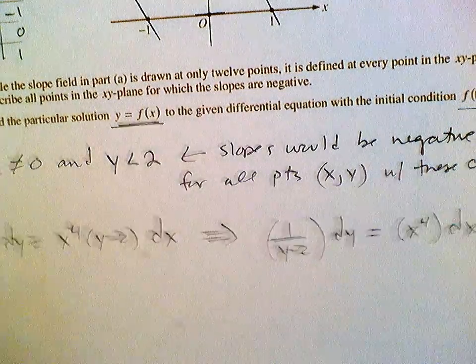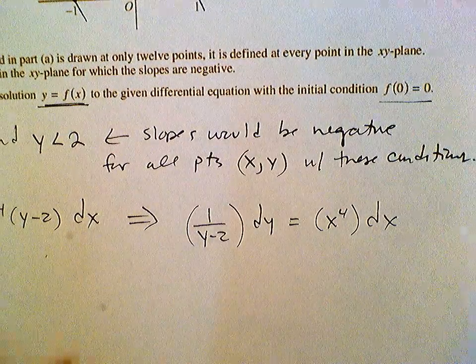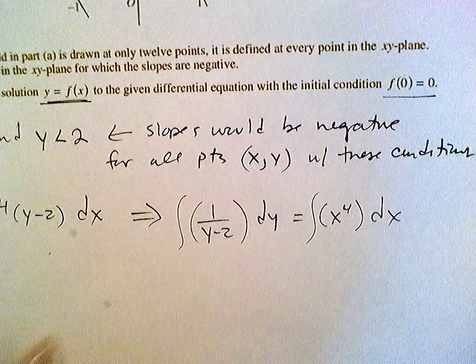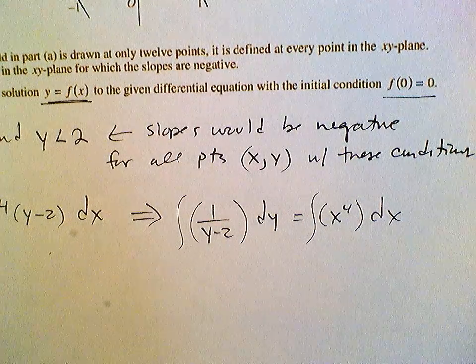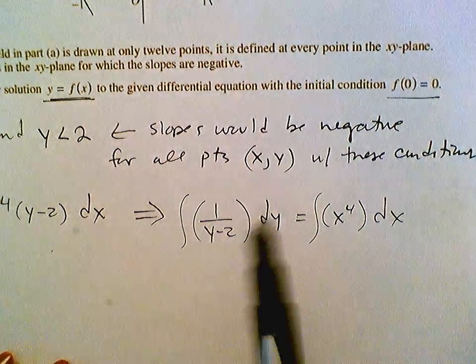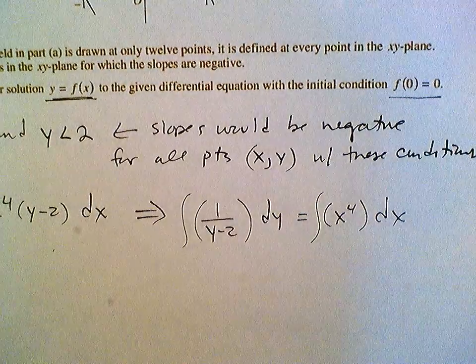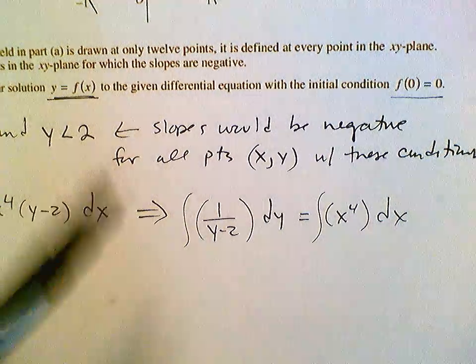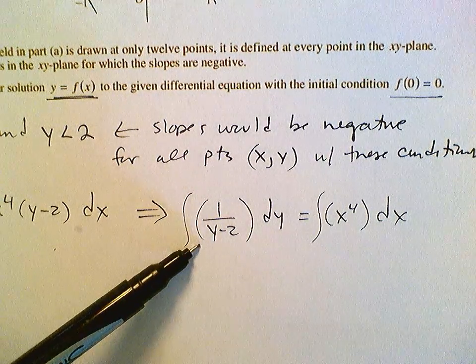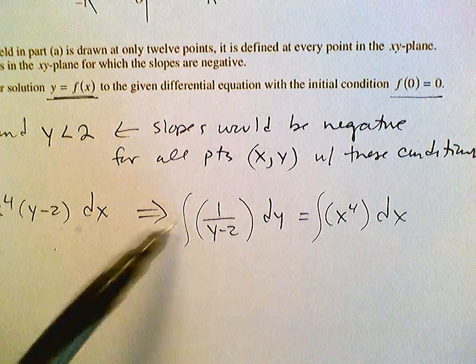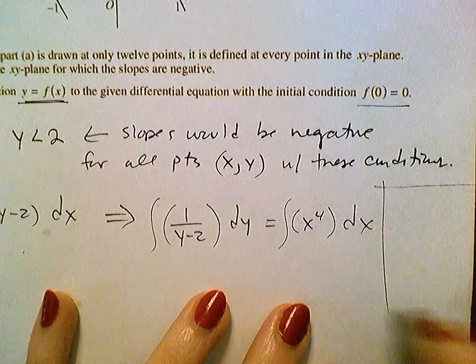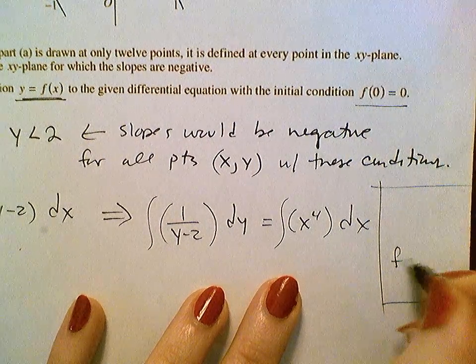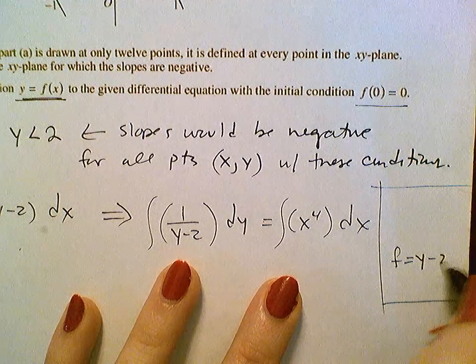So we have separated the variables, step 1. Step 2 is to take the antiderivative of both sides. Notice if you're taking the antiderivative of a quotient, a fraction, and the degree of the numerator is less than the degree of the denominator, then off to the side I'm going to let f equal y minus 2.